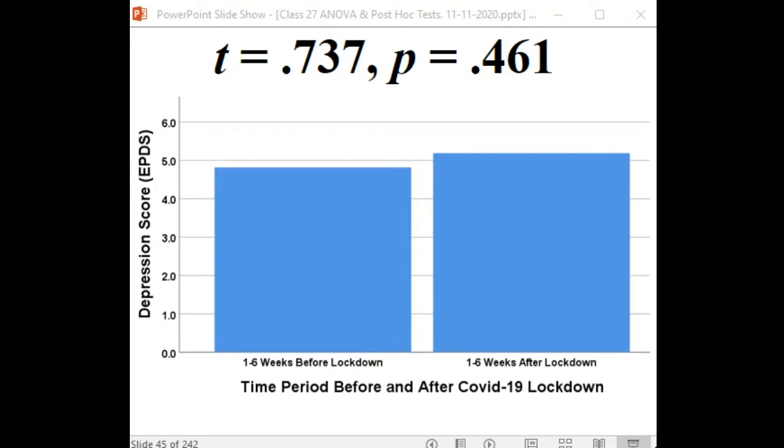The probability value, P, is 0.461, which is greater than 0.05. So this tells us that the difference between the two groups is not statistically significant, and we should accept the null hypothesis.